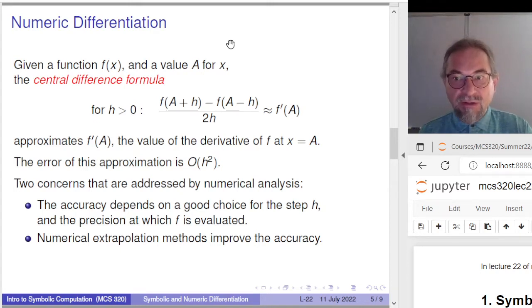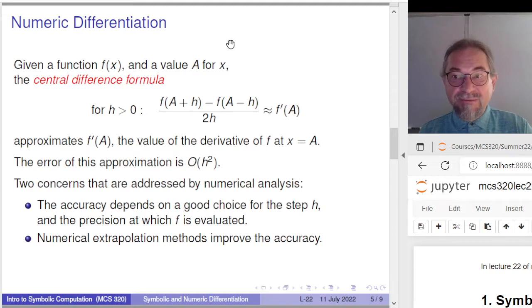We have a value for the independent variable, so the function is here a function in one variable, and then we select the step size h, small, not too small, but certainly positive, and most commonly a recipe to approximate the derivative of the function at that point is by applying what is here written as the central difference formula.